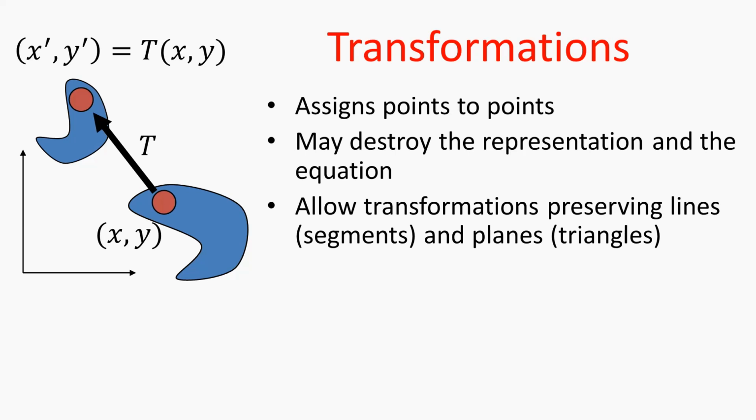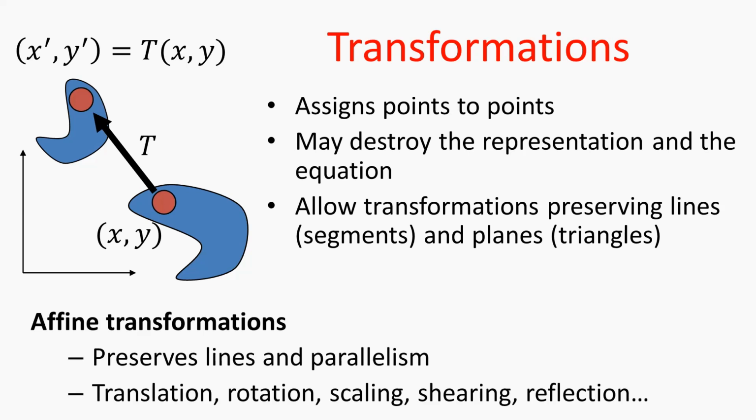So the crucial question is, what kind of functions T guarantee that a line will be mapped to a line? Let's pose the question differently and ask what function T can guarantee that lines will be mapped to lines and parallel lines will also be parallel after executing the transformation.